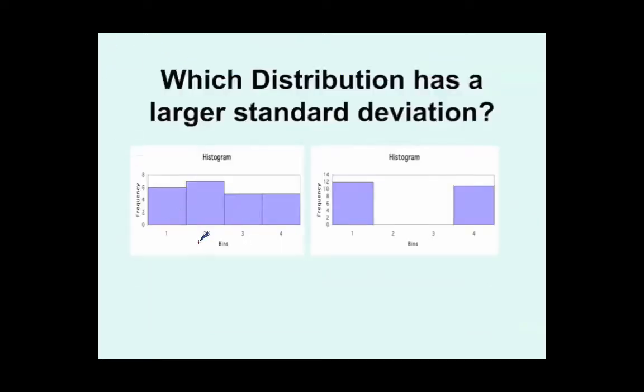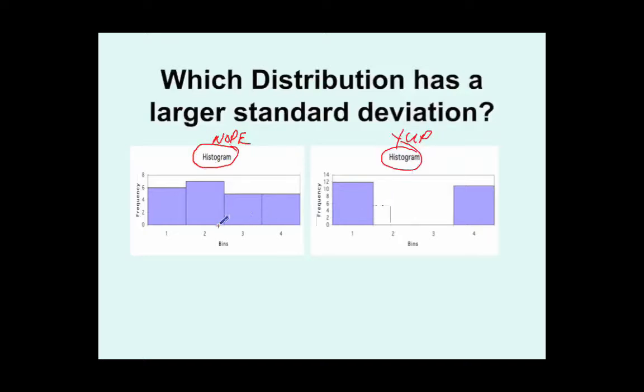All right, so take a guess here real quick and see if you can decide which of these two distributions, which histogram, has a larger standard deviation. Hopefully you figured out that it was not this one. Nope, not that one. Yep, it's this one. Okay, now why is that?